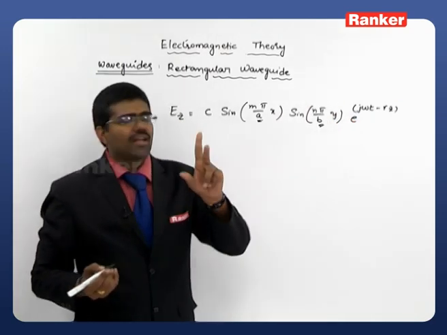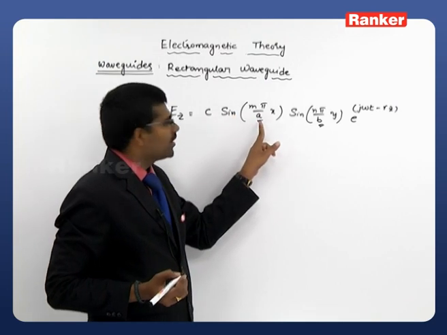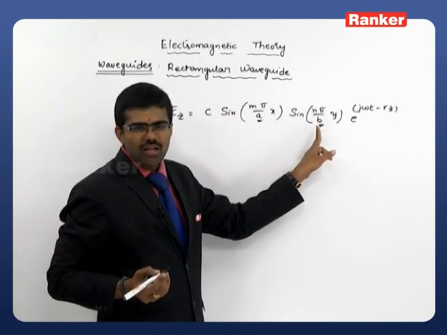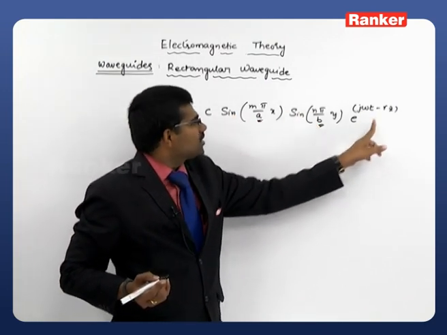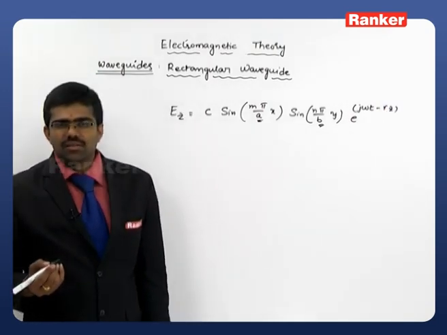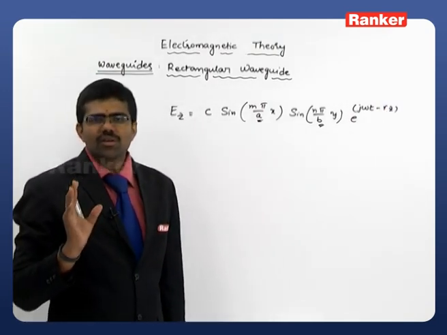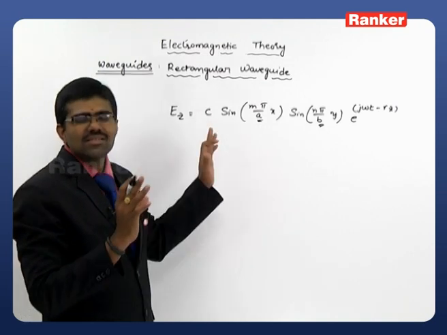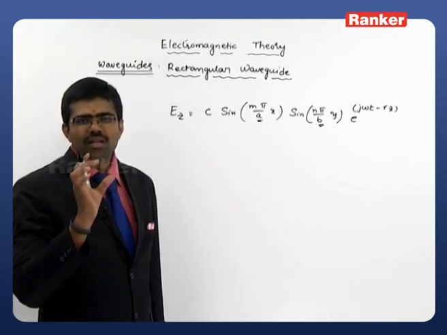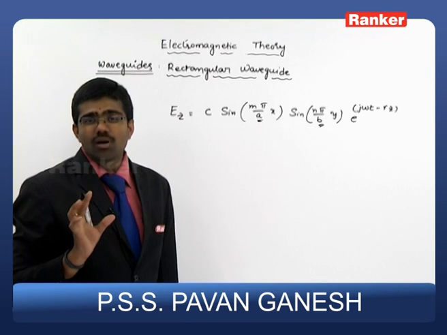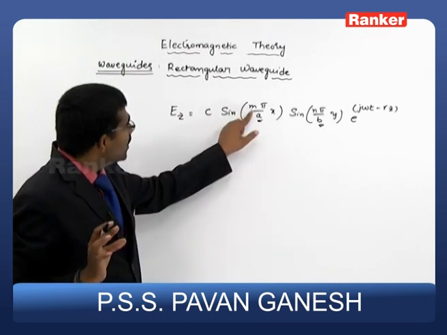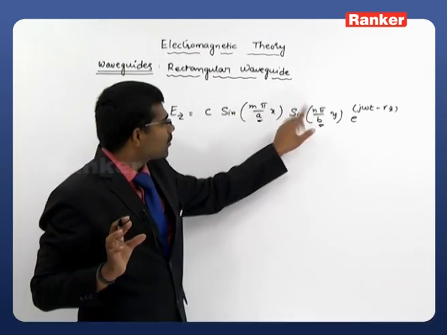So just two sines, a sinusoidal signal along a, a sinusoidal signal along b, and a time varying function along the z direction. This is the simple solution for our Ez, and C is the amplitude, the magnitude of that particular electric field component. Now this m is a constant, this n is a constant.